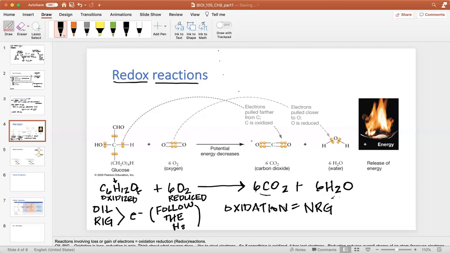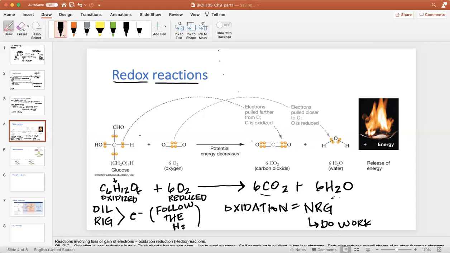So the process of losing an electron gives off energy that we can use to do work in the cell, okay? This work can be other chemical reactions, and we're actually going to use this energy of oxidation to do work to help us make ATP a little bit later.